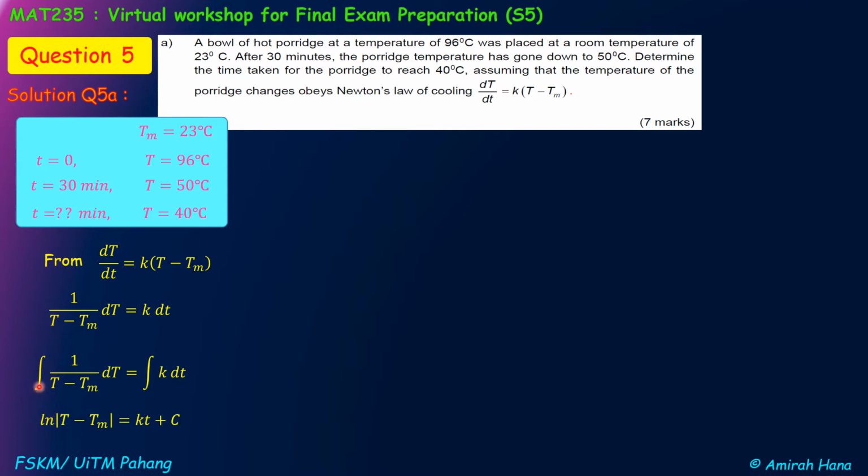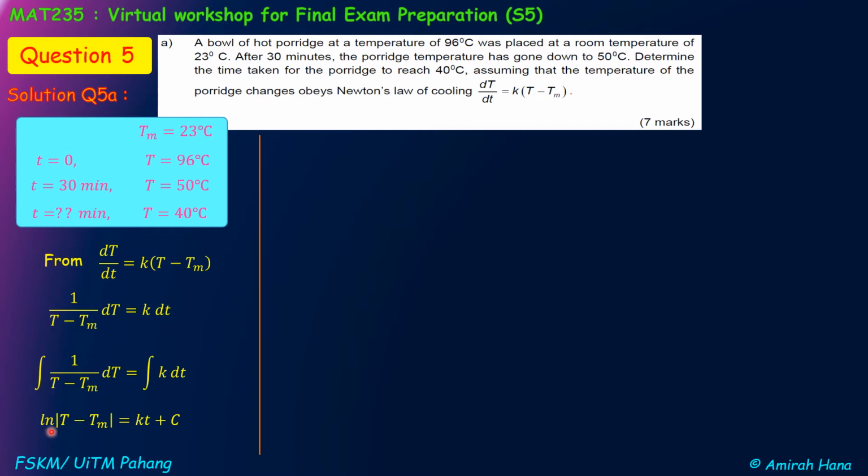After we integrate the left-hand side, we get ln modulus of (T minus Tm) equals, after we integrate the constant with respect to t, kt plus C. From here, we want to write temperature as the subject.